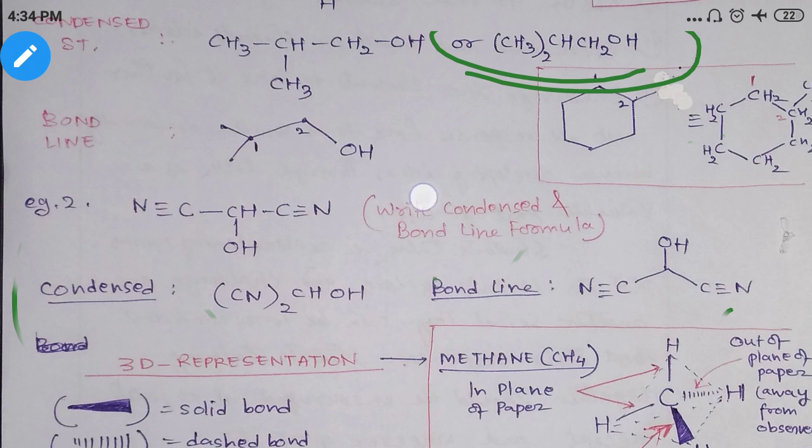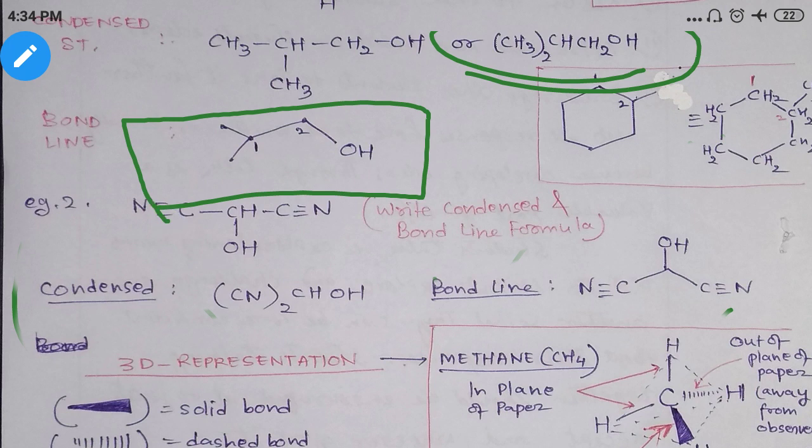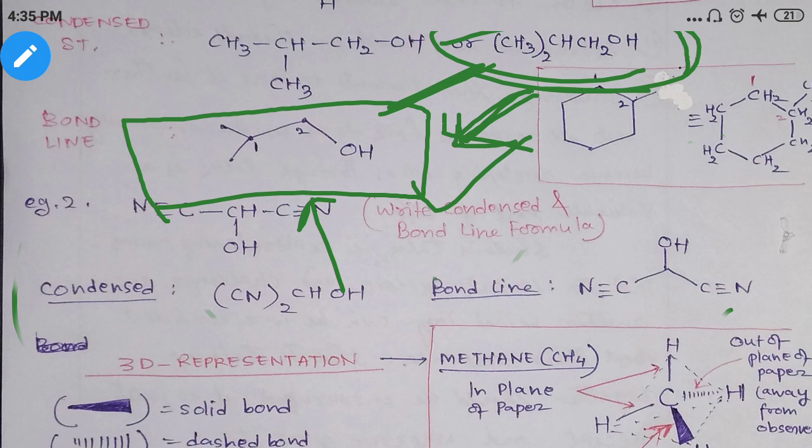So you can see this is the bond line notation of it. इतना बड़ा स्ट्रक्चर था क्वेश्चन में दिया हुआ, लेकिन बॉन्ड लाइन नोटेशन में तुमने इतना छोटा सा लिखा कि समझ भी नहीं आ रहा कि ये कंपाउंड यही है क्या. So this is the art of chemistry. Such a big structure you can write in such a short way, right? And if you learn how to write it easily, you can crack which compound it is. I know you are shocked, but these two compounds are the same. I'll tell you how.